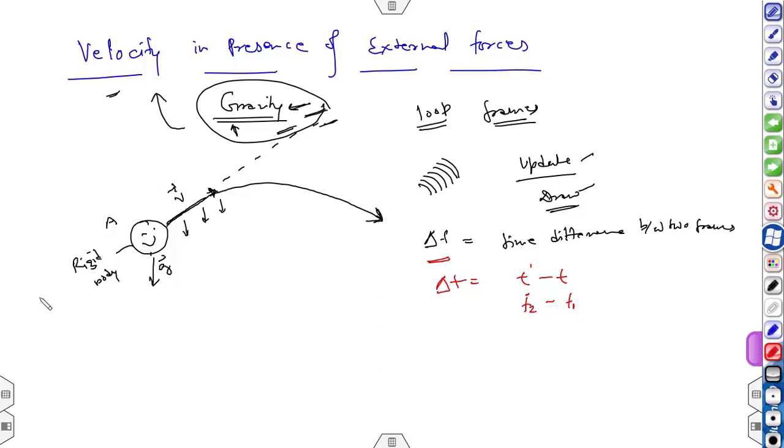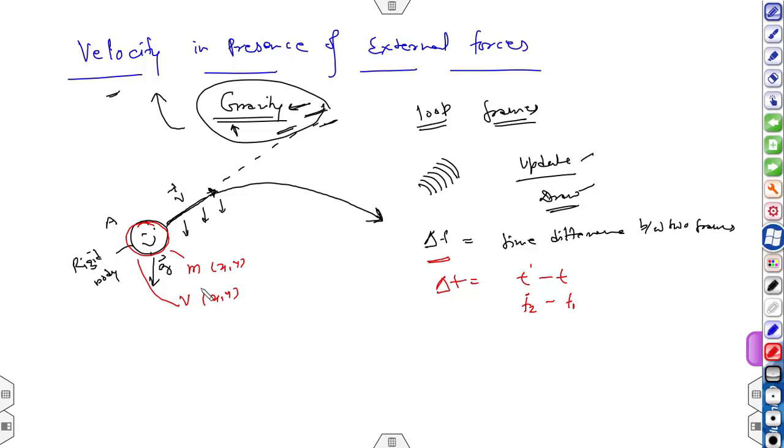Now suppose this particular character is initially in position m, and its initial velocity is v. In previous videos we have seen that the position of a character can be represented by x and y, and velocity can also be represented by x and y.